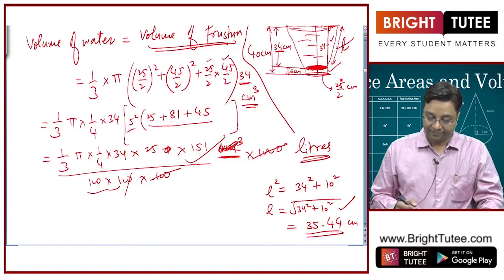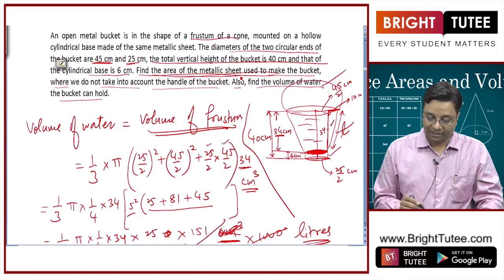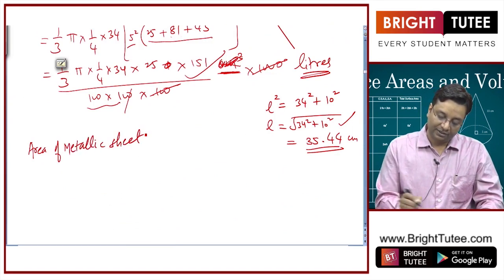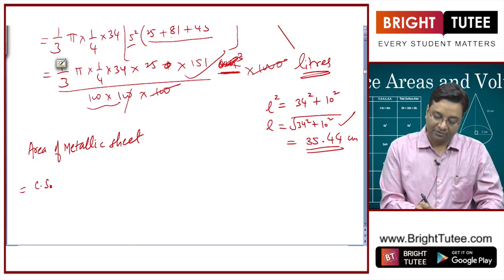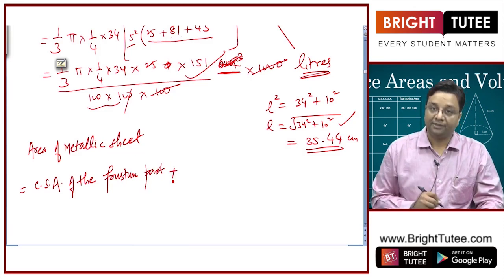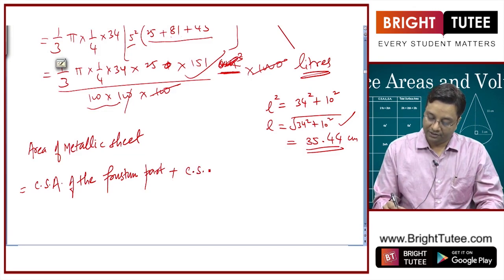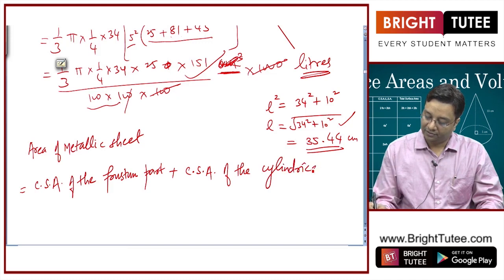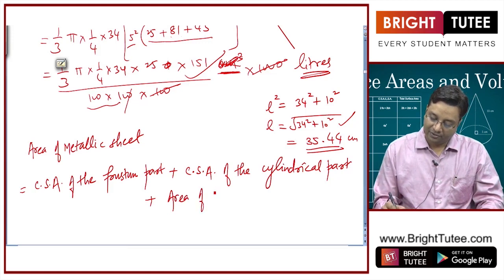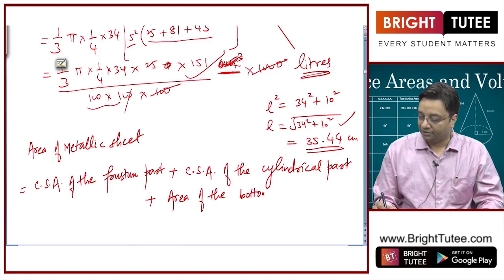So now I can say I need to calculate the area of metallic sheet. So area of metallic sheet will be equal to curved surface area of the frustum part plus curved surface area of the cylindrical part plus area of the bottom of the bucket.